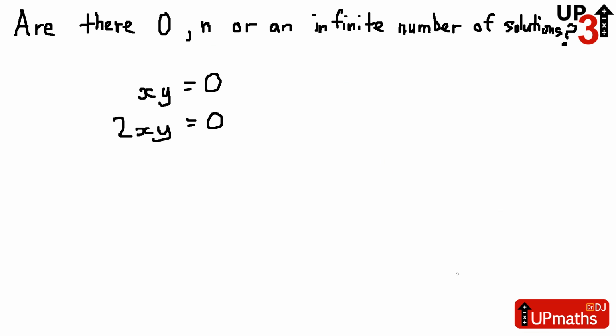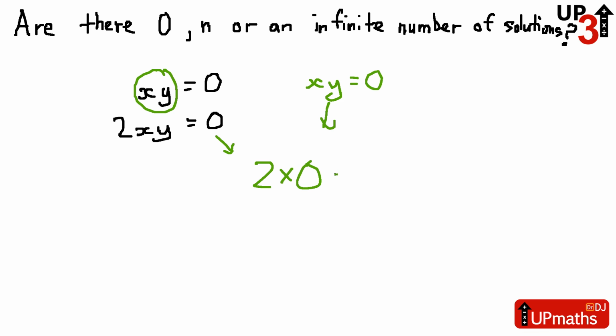Let's try another one. The problem here is I could substitute. Oh wait, hang on, look. I know that xy equals 0. So if I combine these two, that tells me that 2 times 0 is 0. Well, ha ha, that's not telling us anything new. Do you know what?